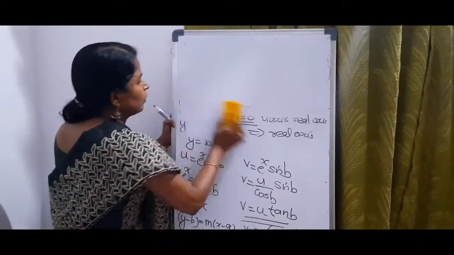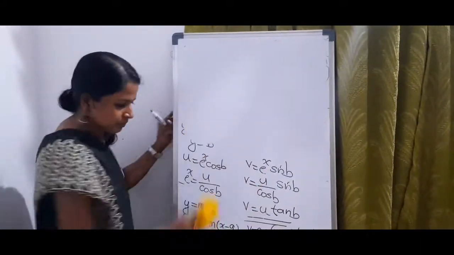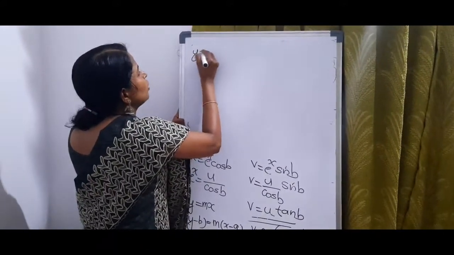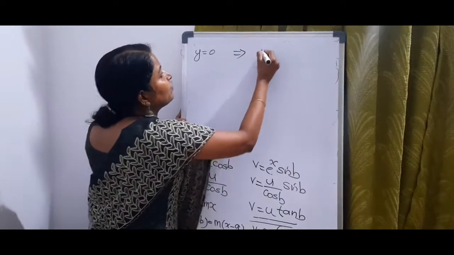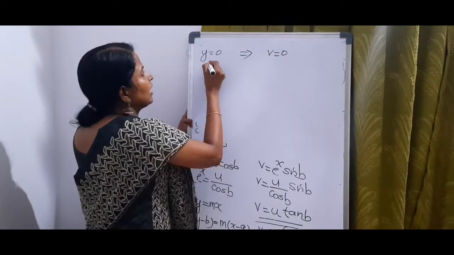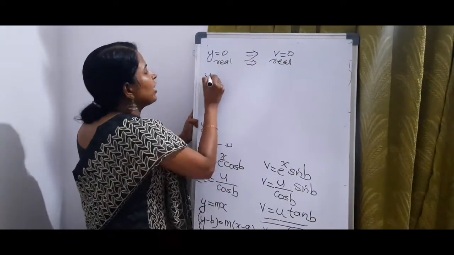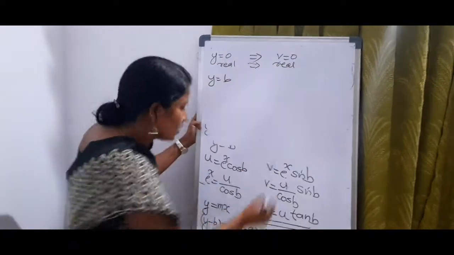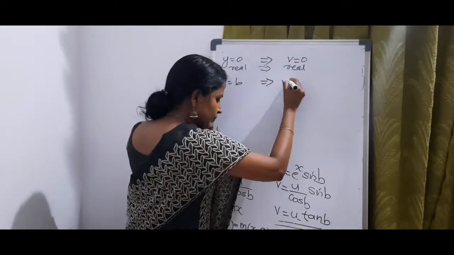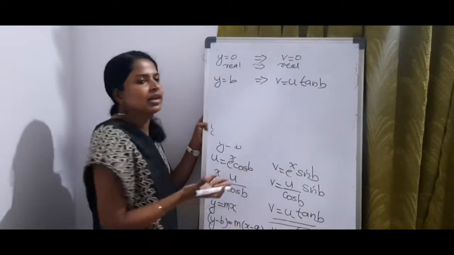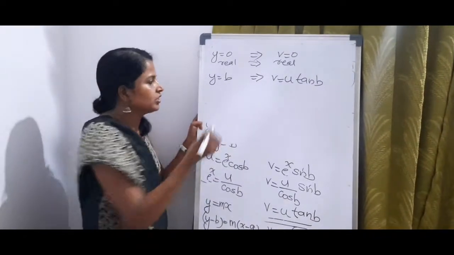So we plot the graph. Case 1, put y equal to 0, we get v equal to 0. That is, the real axis is mapped to the real axis. Then second case, y equal to b, we get v equal to u tan b, a straight line passing through the origin.